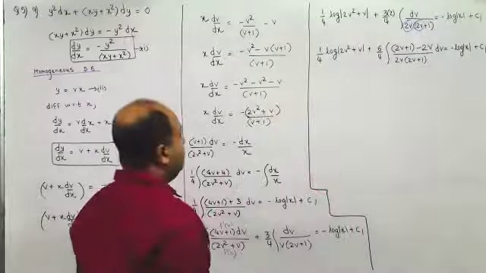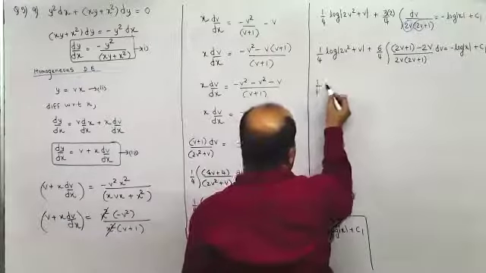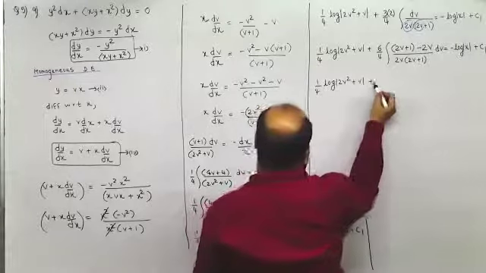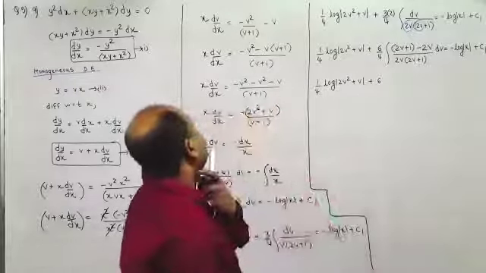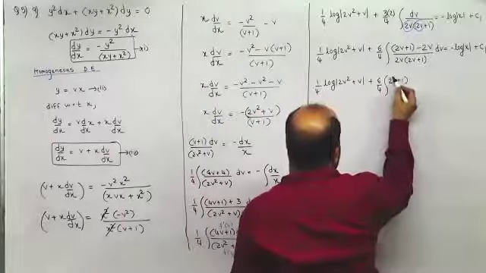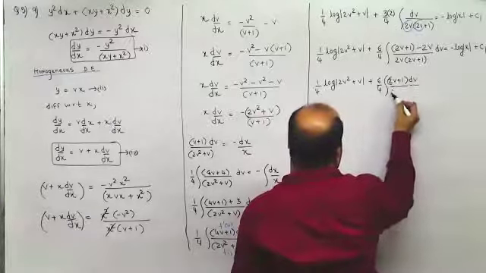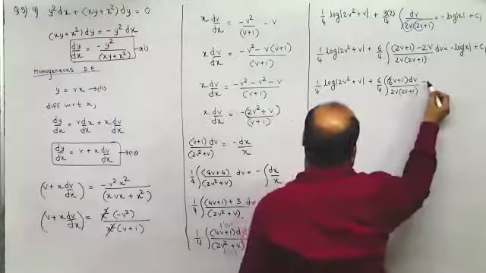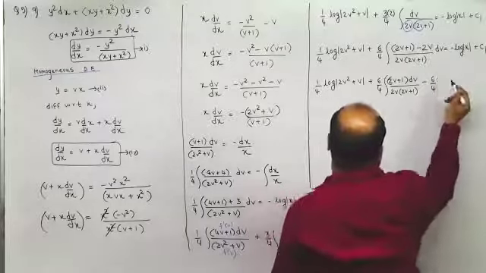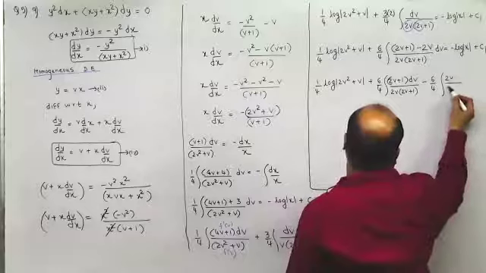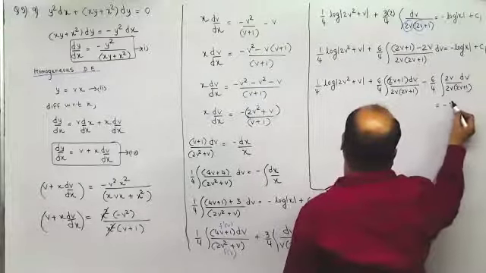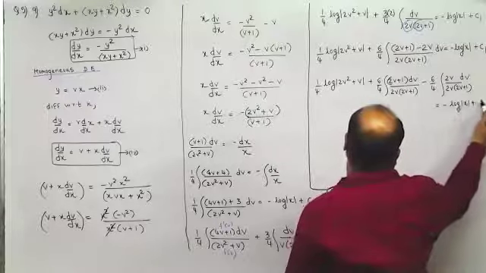Now when I split it, I'll get 1 by 4 into log of 2v square plus v plus 6 by 4 into 2v plus 1 dv upon 2v into 2v plus 1, minus 6 upon 4 into 2, this is 2v upon 2v into 2v plus 1 dv, and this would be minus log x plus some constant.